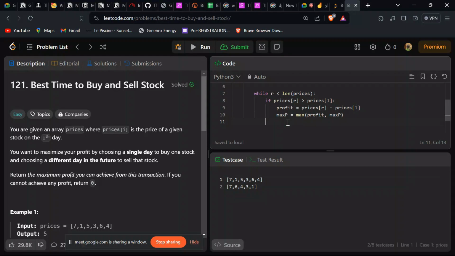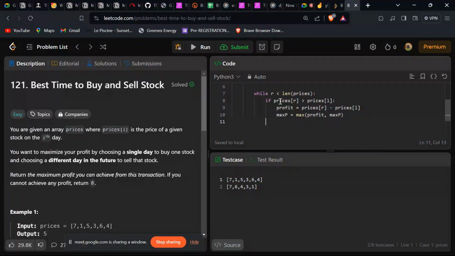If that doesn't happen, in this kind of while loop, R was always supposed to be less than the entire length of prices.